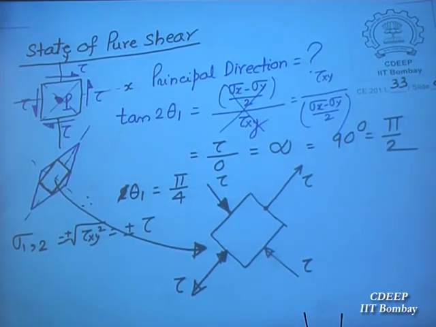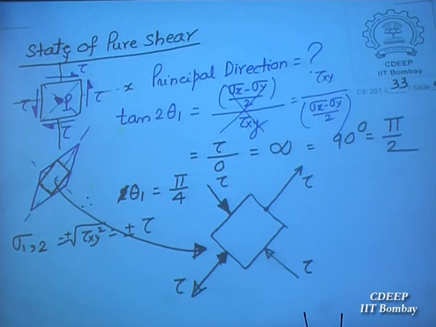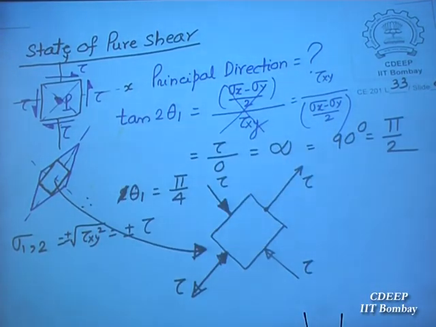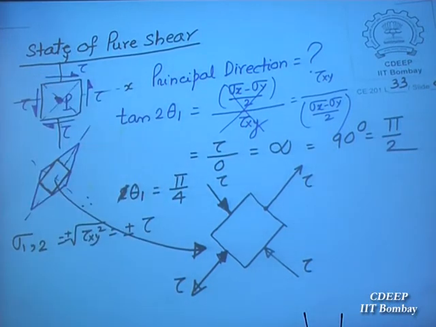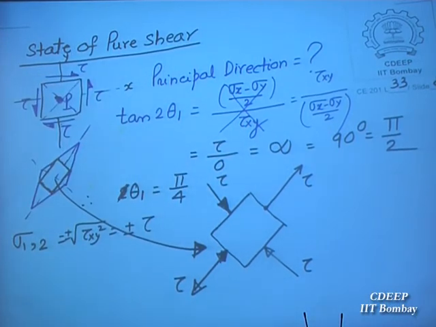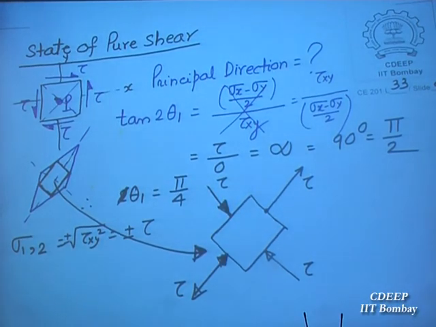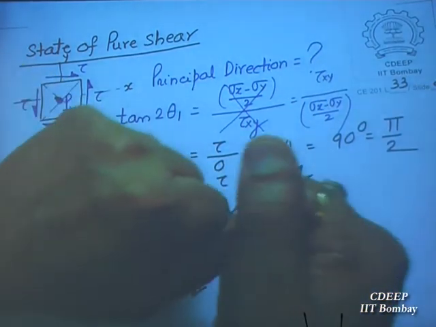This is an extremely important result, a pure shear and vice versa. A pure tension and compression leads to a pure shear state of stress. Have you understood? See, this is compressing.